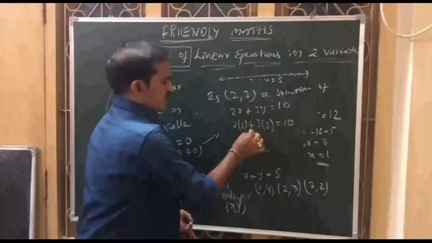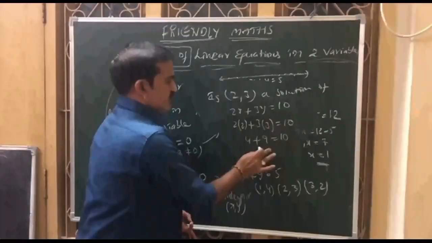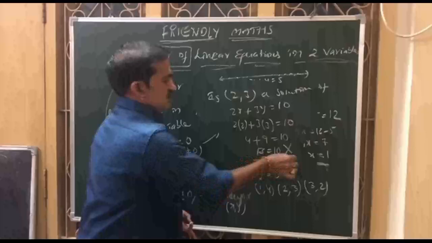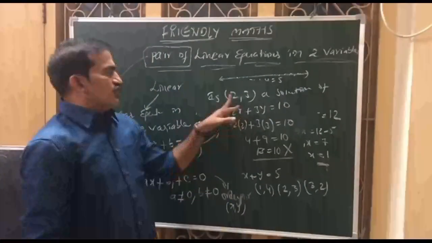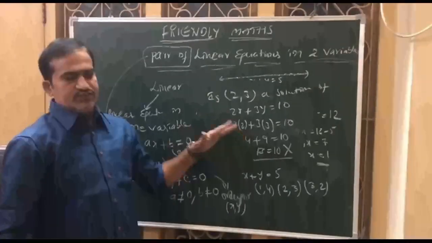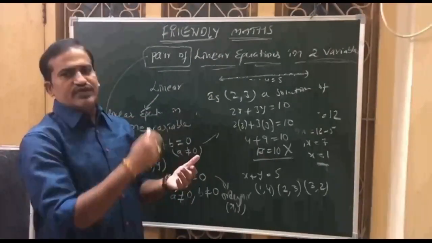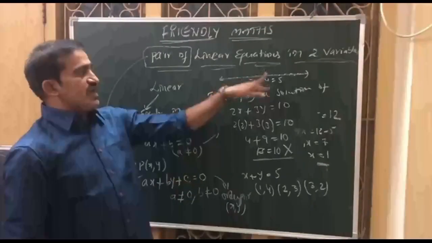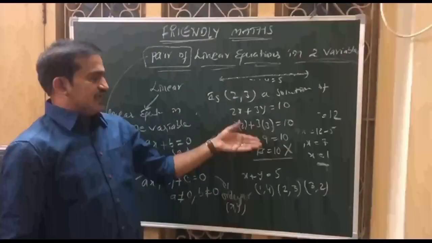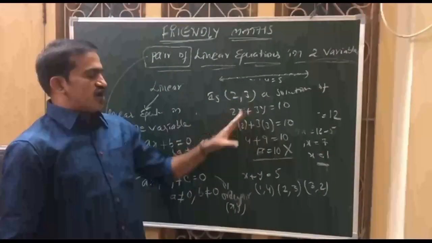Substitute: 2 twos are 4 plus 3 threes are 9 is equal to 10. 4 plus 9 is 13. 13 is equal to 10? Oh, it's wrong. It's a false statement. So is (2, 3) the solution? No, (2, 3) is not the solution. You understand? The solution of a linear equation in two variables is a point which lies on the line. Now (2, 3) does not lie on the line, which means it does not satisfy the linear equation. That's why this is not the solution.